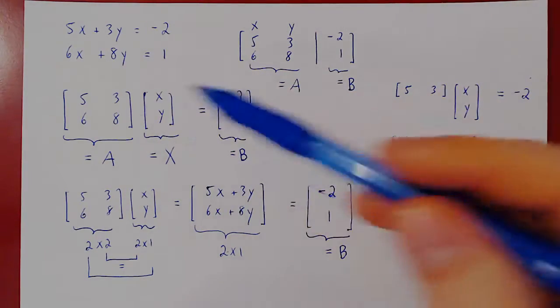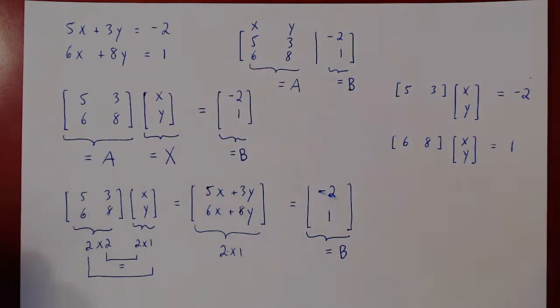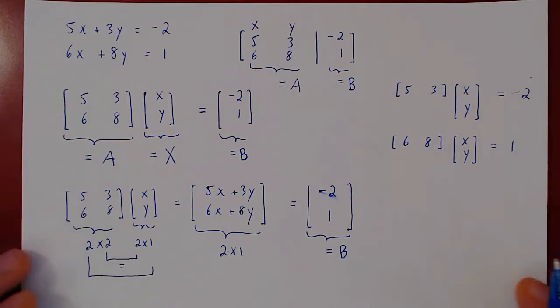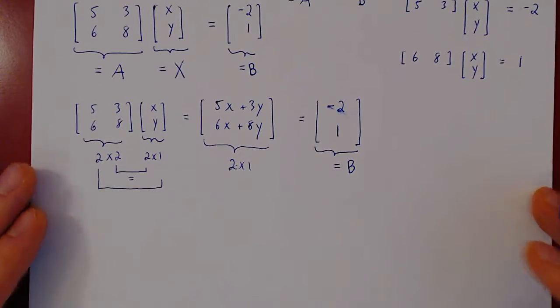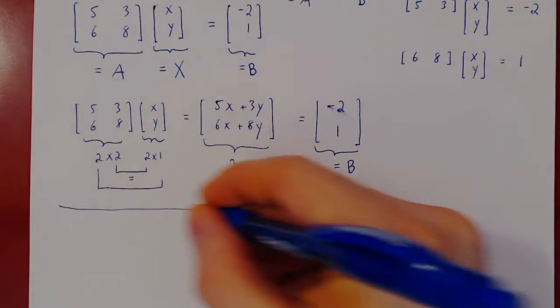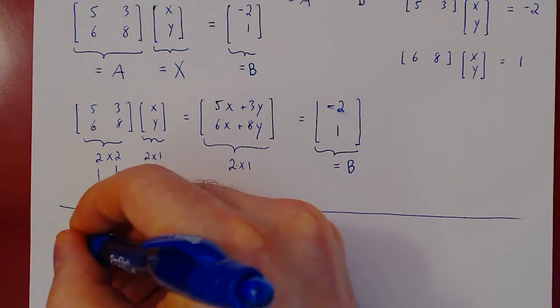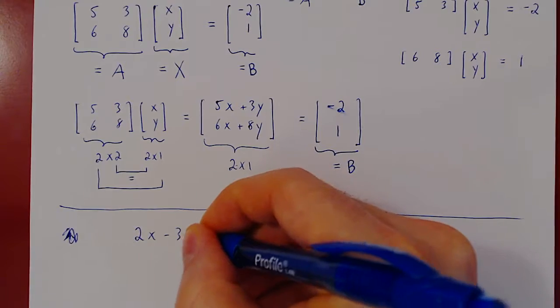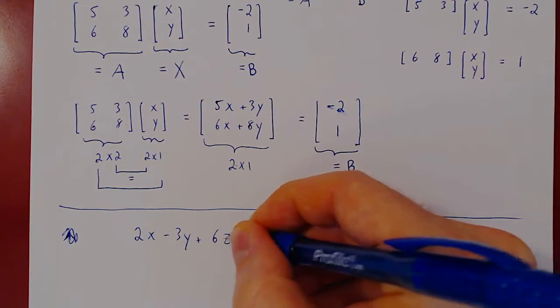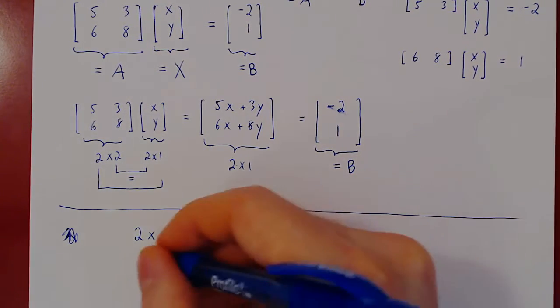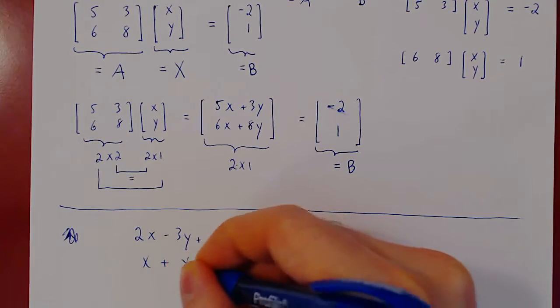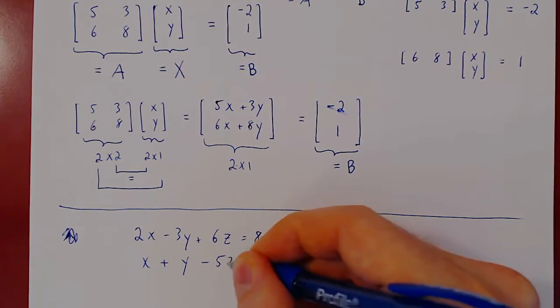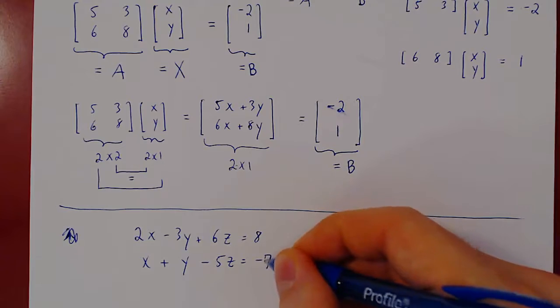Let's consider one more example. What if we had two equations and three unknowns? Well, everything would work the same way. Suppose we have 2x minus 3y plus 6z equals 8, and x plus y minus 5z equals negative 7.